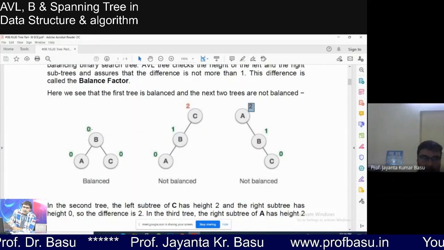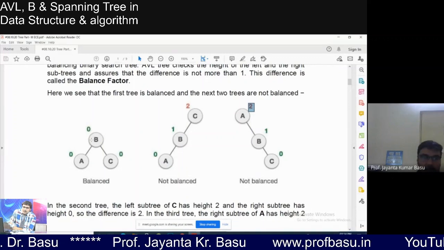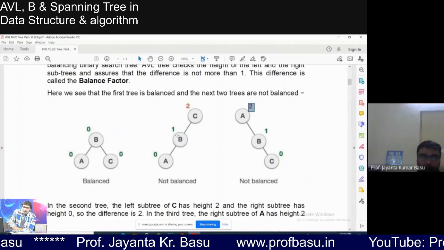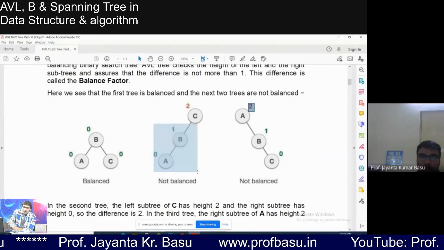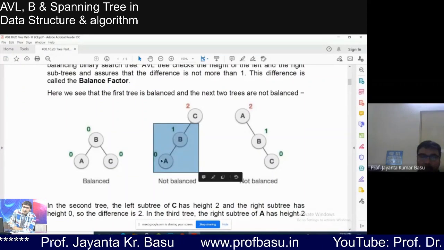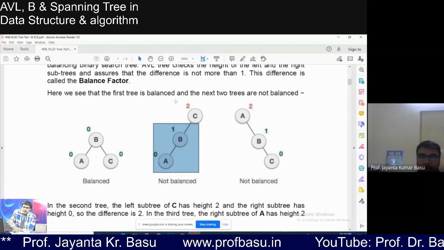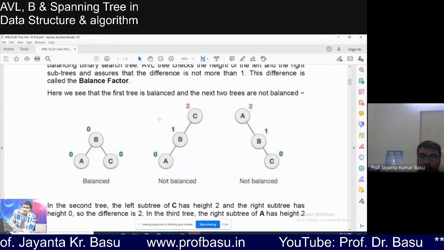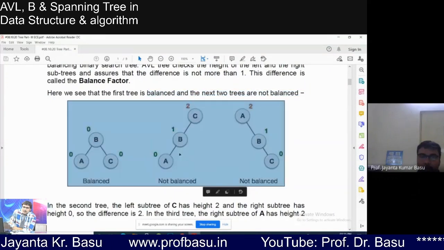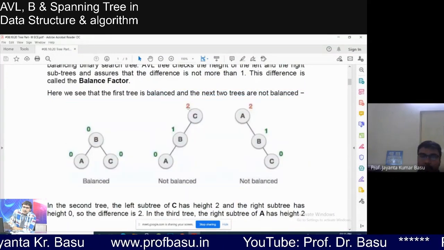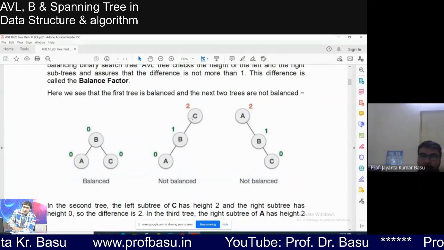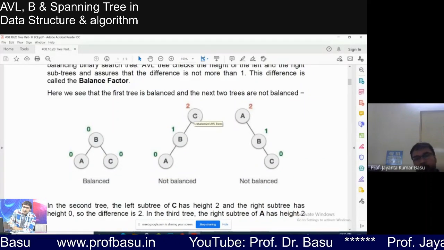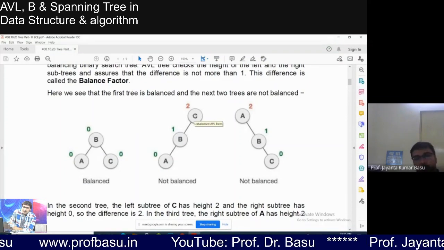Okay, you can see that this is balanced because each and every node has a 0. This tree is also a balanced subtree because 1 and 0. But if I include C in this tree, it will not be a balanced tree anymore because C is having a factor value of more than 1.